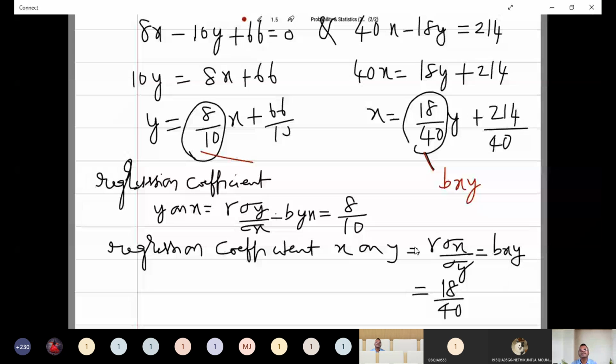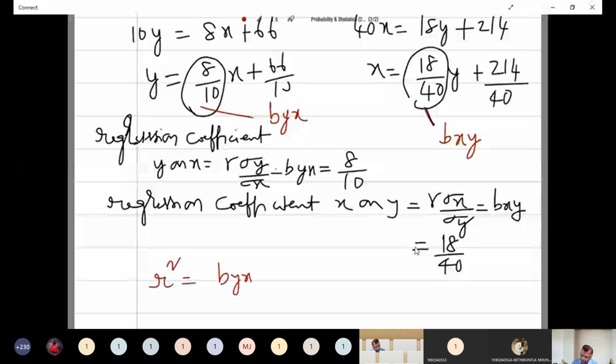Isn't it? Now we know that r square is equal to byx into bxy. That is equal to, what is the value of byx? 8 by 10 into 18 by 40.